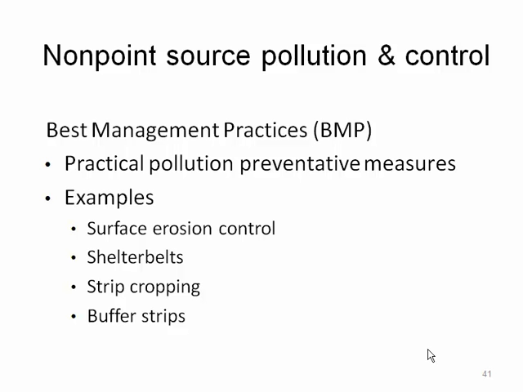So surface erosion control, putting up ground cover, putting fabric filter materials around storm drain inlets, are types of surface erosion control practices. In agricultural areas, shelter belts, strip cropping, and especially buffer strips are very effective ways to reduce the amount of chemicals, sediment, and other pollutants reaching local streams and waterways.